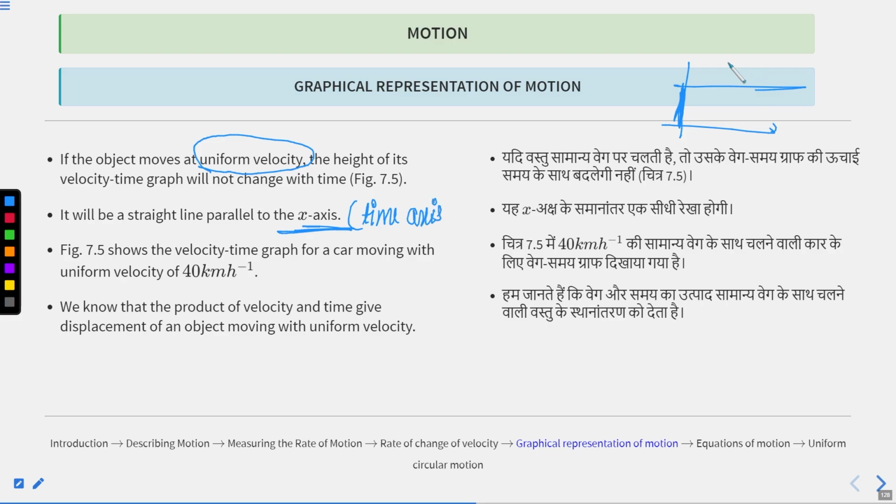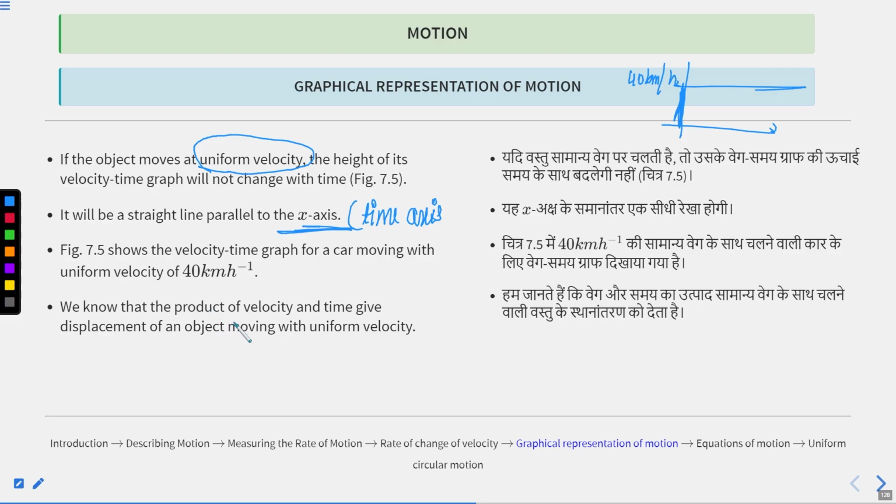In that figure, the constant velocity was 40 km per hour. It means the object is continuously moving with a velocity of 40 km per hour and the velocity is not changing. So we will not get any type of bumps in the velocity time graph. The graph will be a straight line parallel to the time axis.